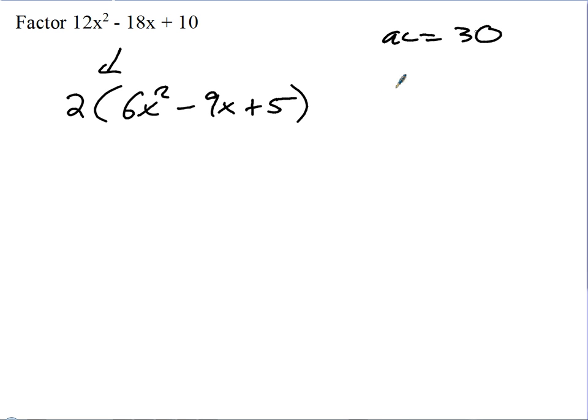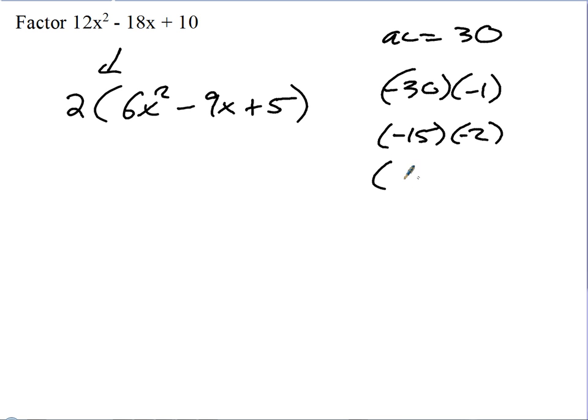And if we made our list, negative 30 and negative 1, obviously way too big. This is a pretty short list, though. Negative 15, negative 2, they add to negative 17. Too big, right? I could do, let's see, negative 10, negative 3. Those add to negative 13. We're getting closer.